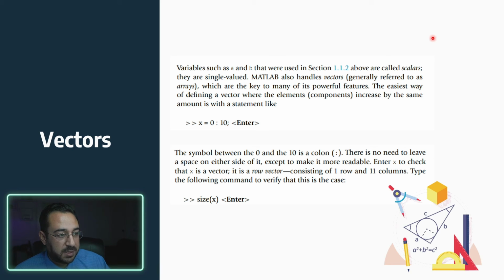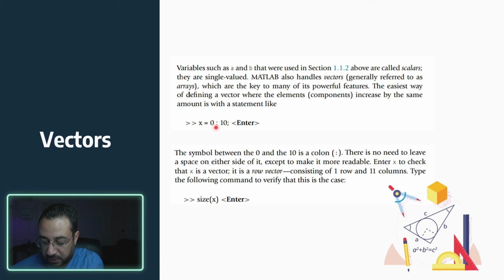So let's start with x equals 0 to 10. Like 0, then two dots, then 10, and hit enter. Now let's try again to put size. So we have x equals 0 to 10, so that I can show it to you when we go back to the application. Then we have size.